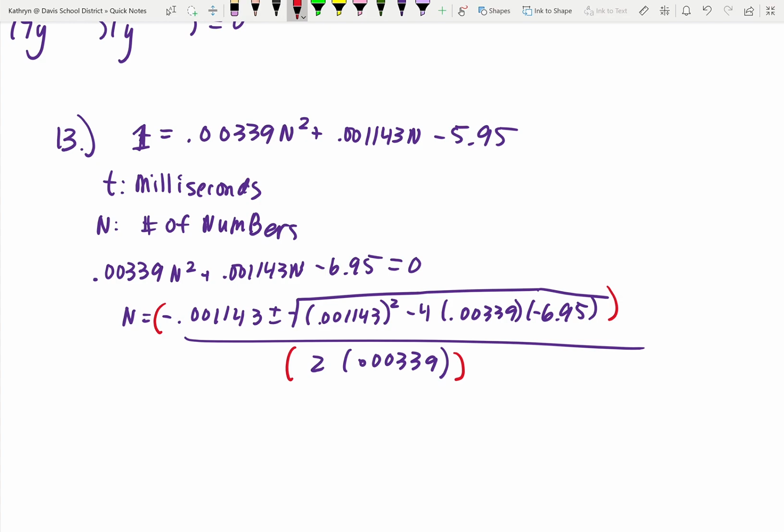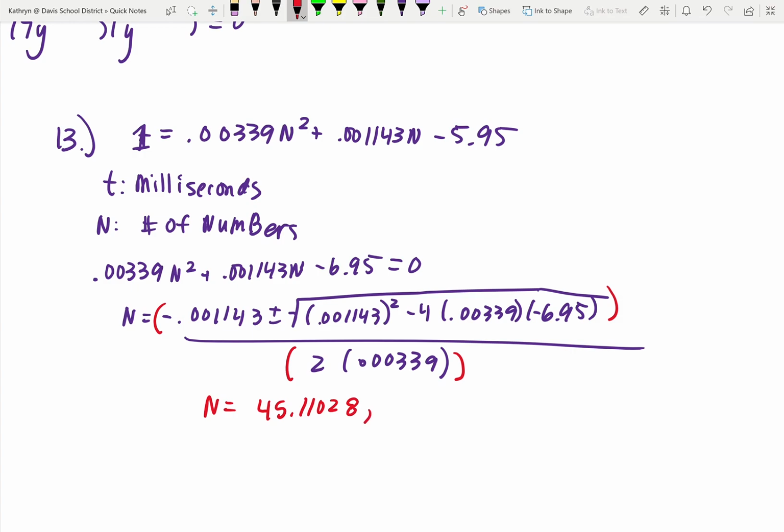Remember here you go close it, close it, close it, divided by parenthesis, 2 times 0.00339, close it, enter, okay? And I get n equals 45.11028, okay? I know it's the nearest whole, but I'm going to write it like that for a second.